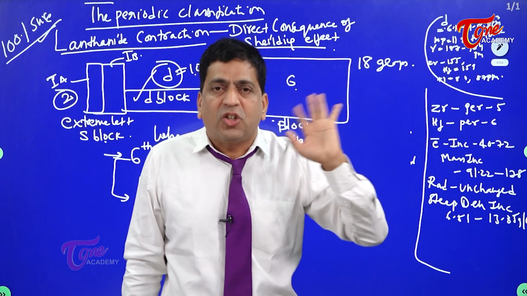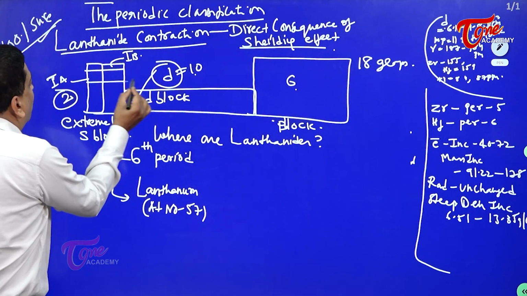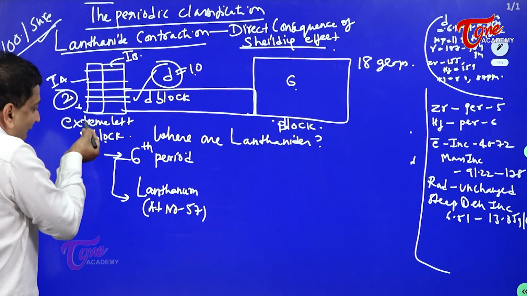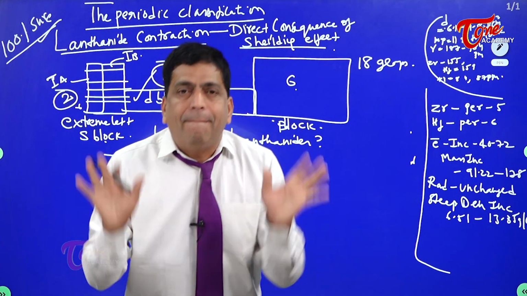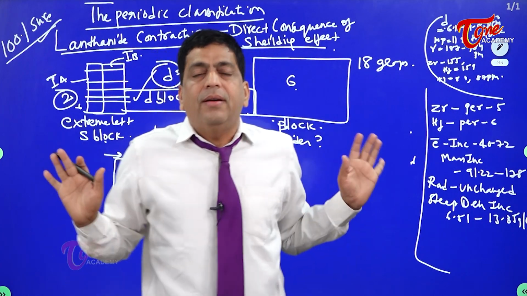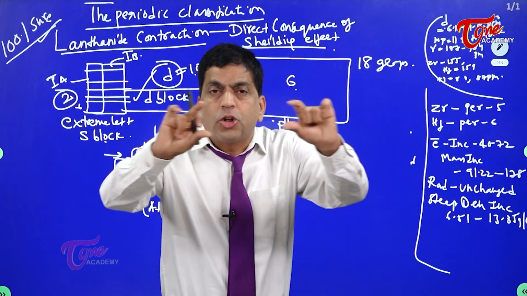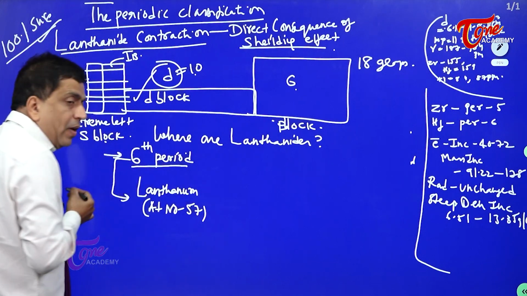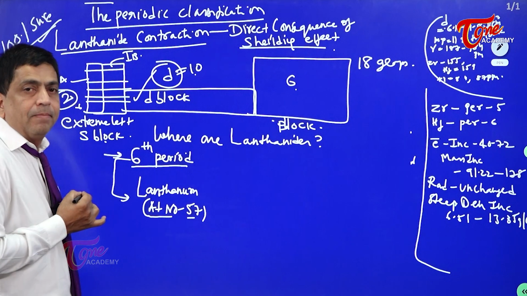In the 6th period, I have lanthanum with atomic number 57, and it belongs to the D block. I'm underlining: this is the 6th period and lanthanum with atomic number 57.